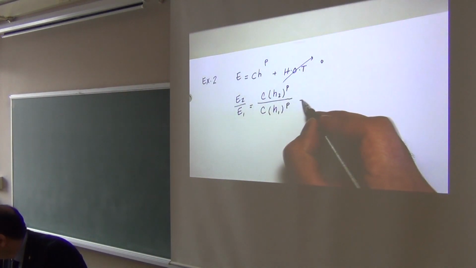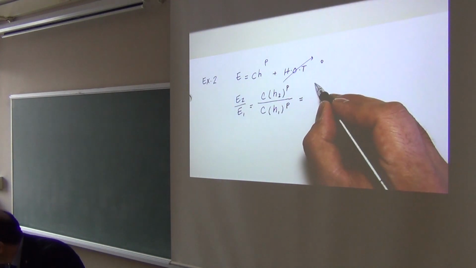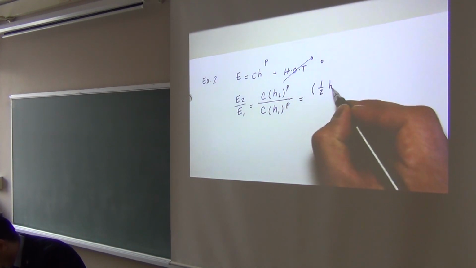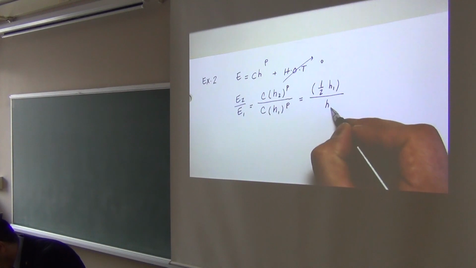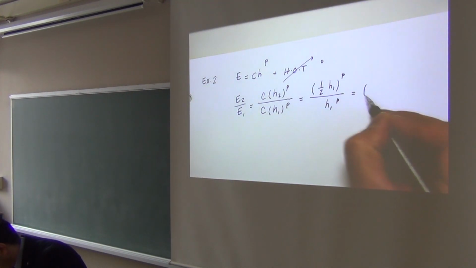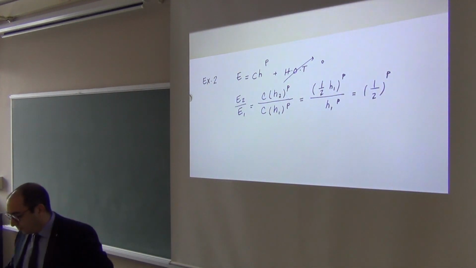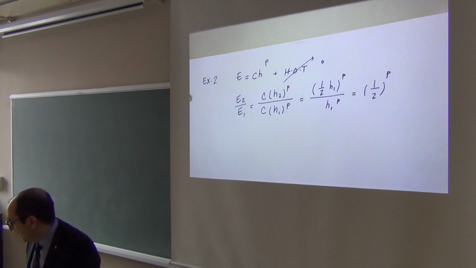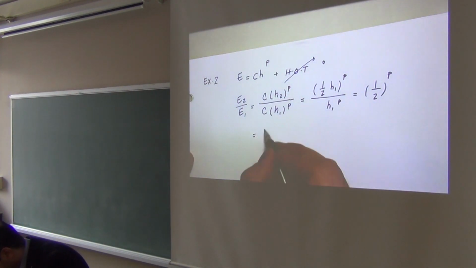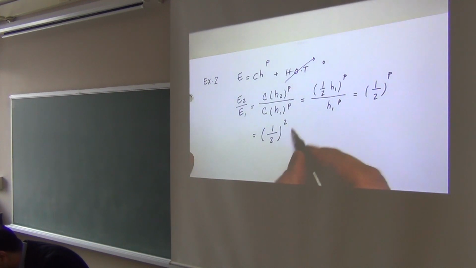Of course, the C's cancel, so you're left with the refinement ratio, if you will, to the power of p. And in this case, the refinement ratio was 1/2, and the order of convergence is 2.